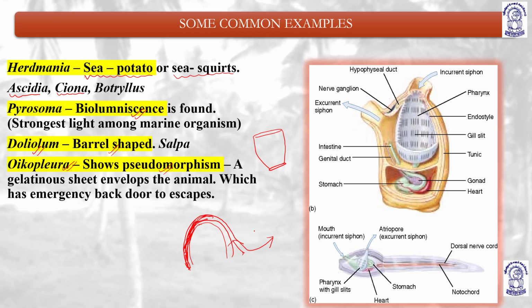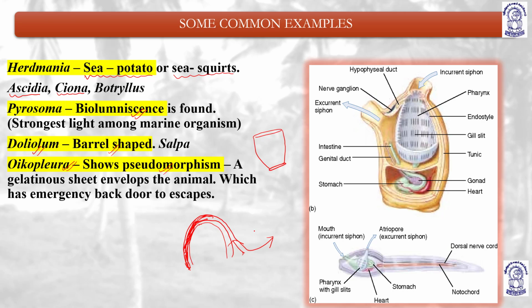Imagine that the dorsal portion of your body, which has your spinal cord, you could tear apart the skin and the whole body could come out of that skin with a new skin. It is not exactly ecdysis, but it is a kind of pseudomorphism.